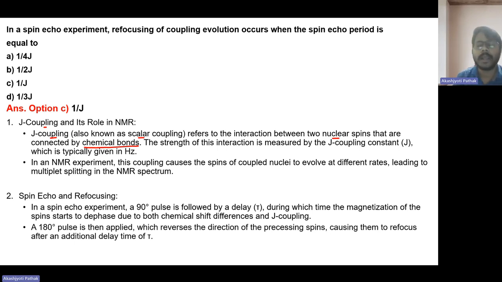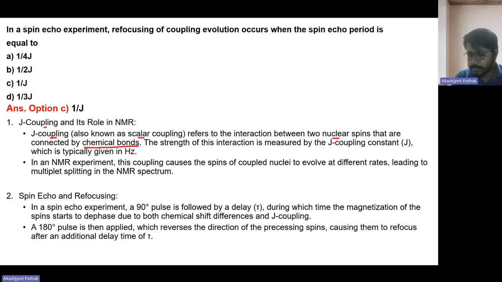Unlike the case where we were seeing NOESY and the nuclear Overhauser effect, or the ROESY. In those cases, the polarization transfer effect was a distance-dependent phenomenon, right?